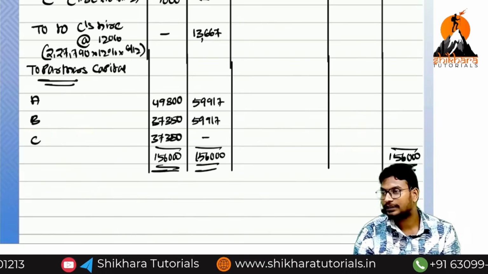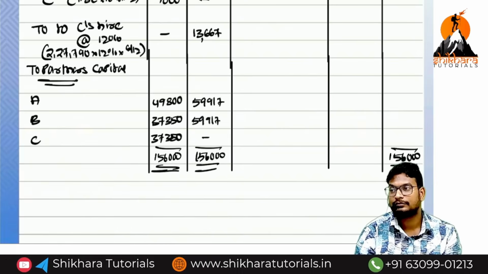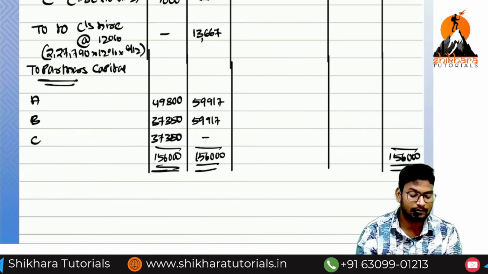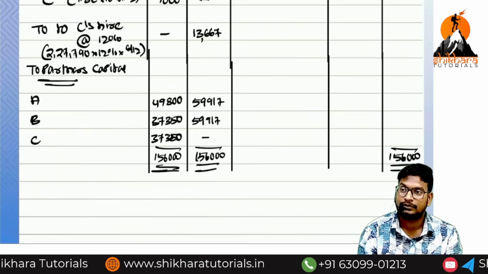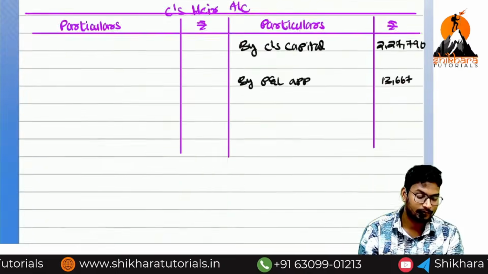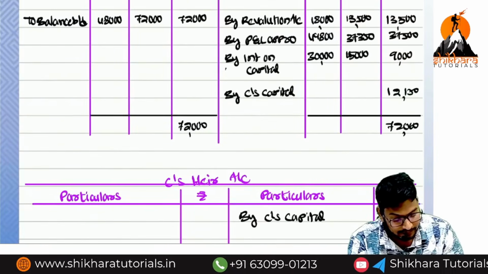Again this amount we need to transfer to which account? Partners' current account, partners' capital account, current account. Which side? Credit side. Here debit side means there credit side. In the current account, what we need to write, ma?